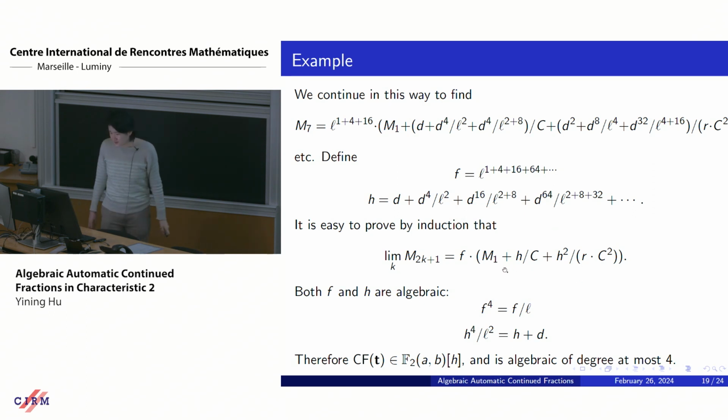But this is obviously algebraic, because we can see that F4 is nothing but F divided by L. And from the definition of H, we can also see that H4 over L2 is nothing but H minus D, just by the definition. And then we have finished the proof of algebraicity for the two-most continued fraction.